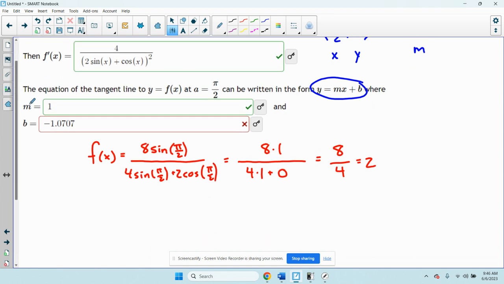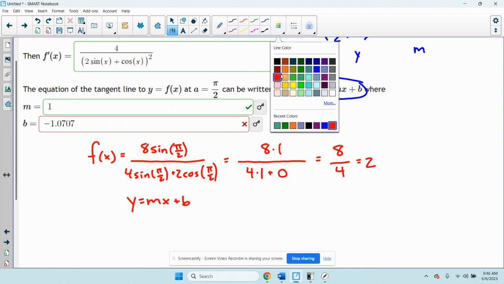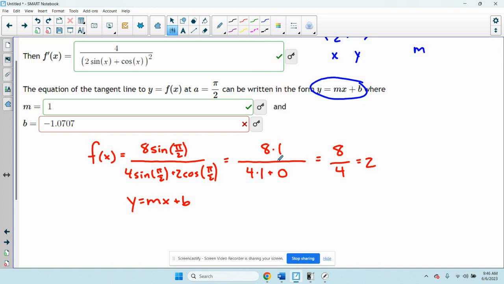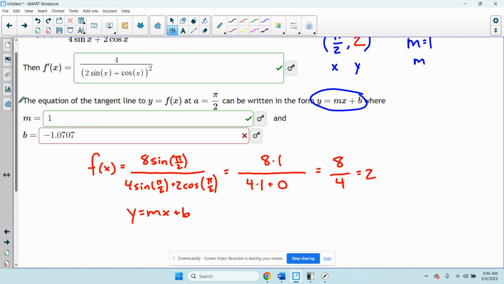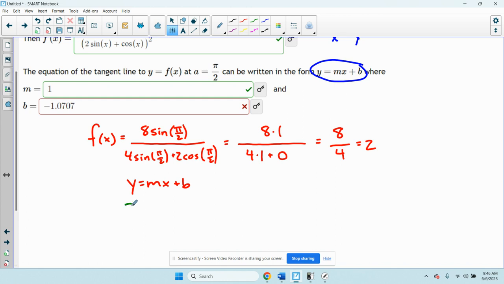So I'm going to use the equation of the line y equals mx plus b. Substitute in my x, y, and m. y is 2, m is 1, x is pi over 2, plus b. So I get 2 equals pi over 2 plus b.